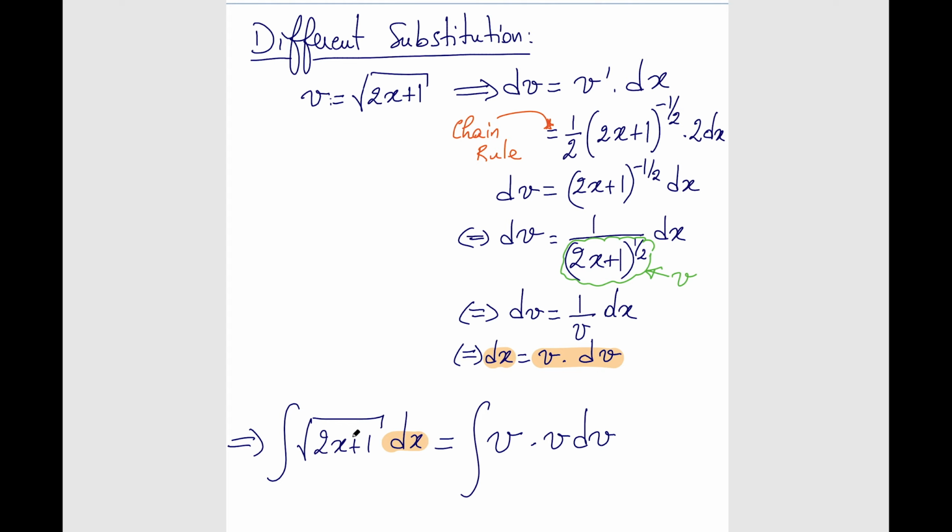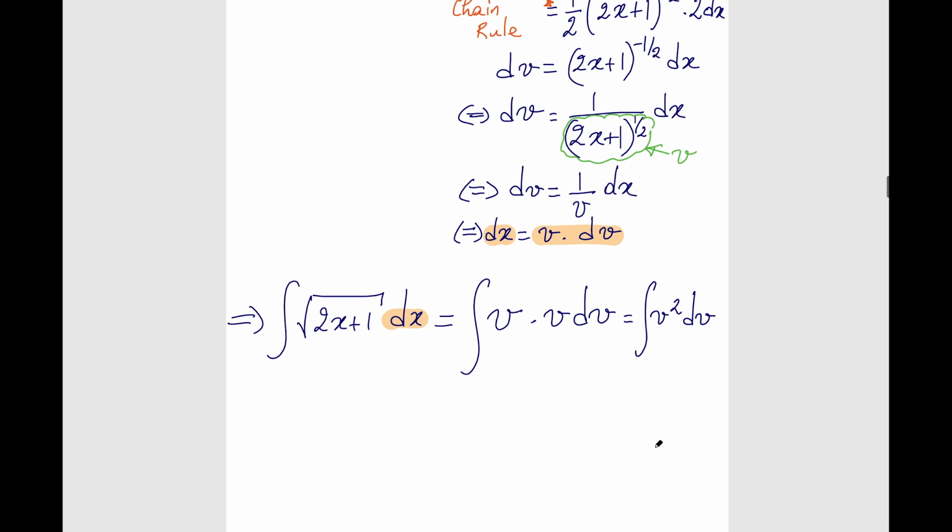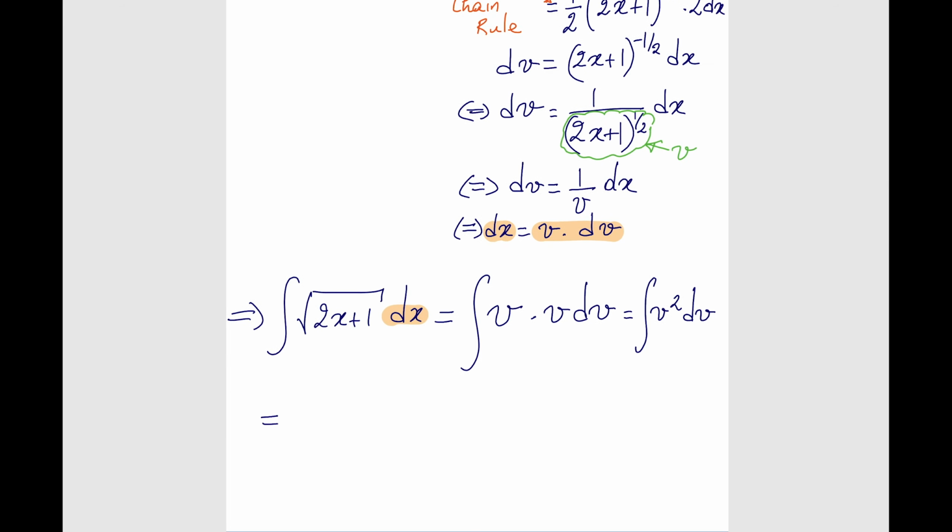And this looks good. This is the primitive of v squared dv, which is the primitive of bullet to the power n d bullet. That's bullet to the power n plus 1 divided by n plus 1 plus a constant, right?